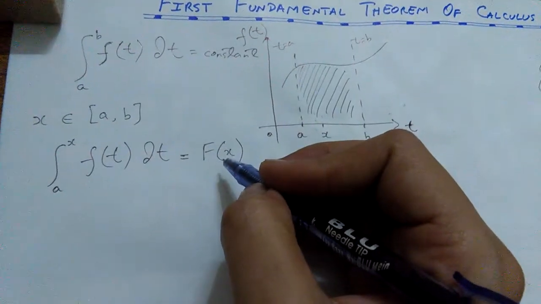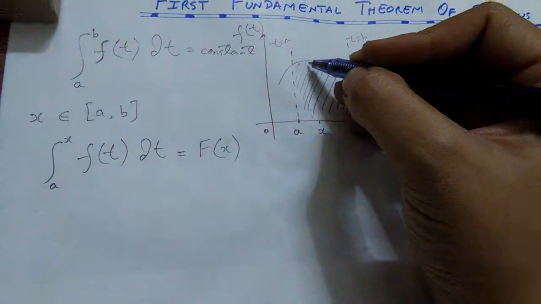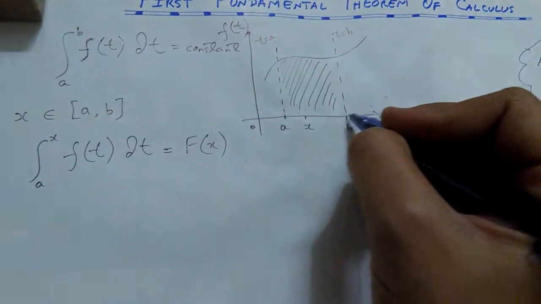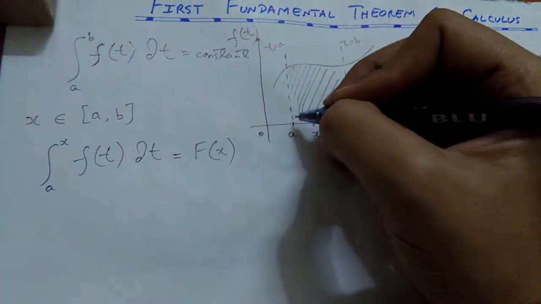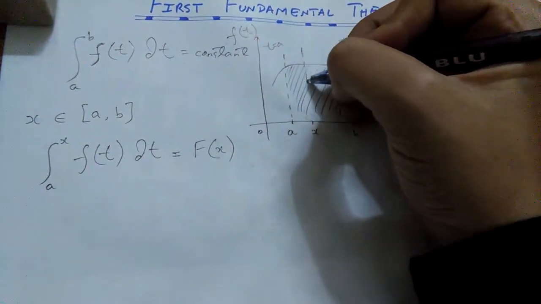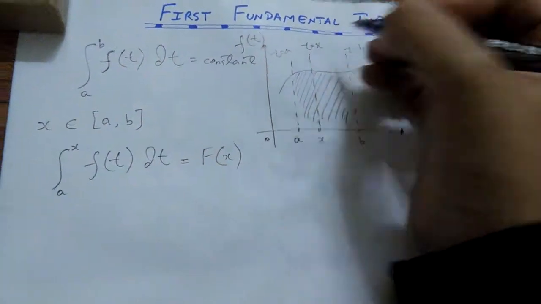This function is going to express the measure of the area under this curve f of t and your t-axis and the line t equals a and the line t equals x.